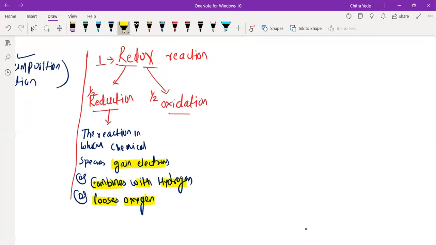If any one of them takes place, then it is a reduction reaction. So the reaction in which a chemical species gains electrons or combines with hydrogen or loses oxygen is called a reduction reaction.